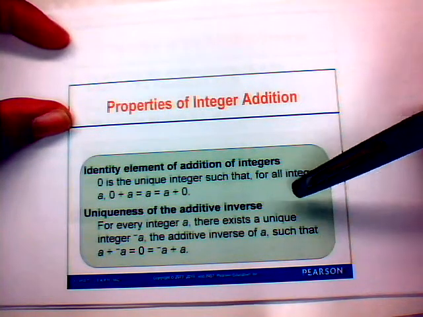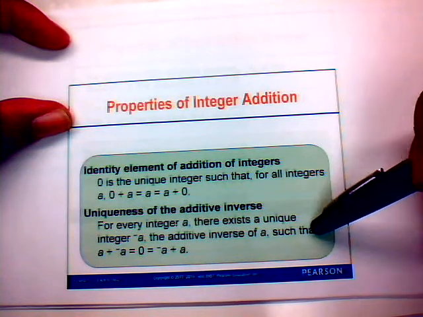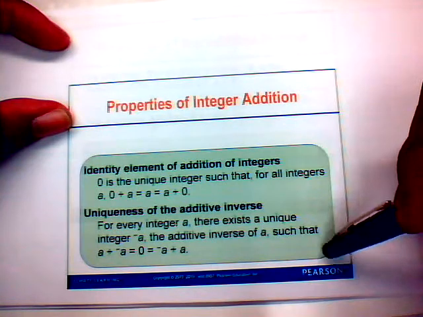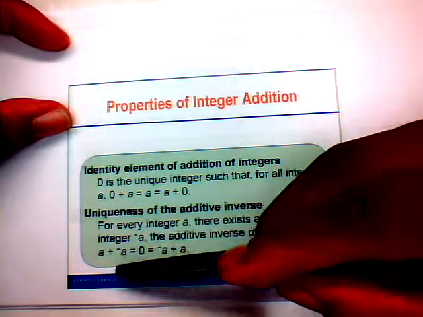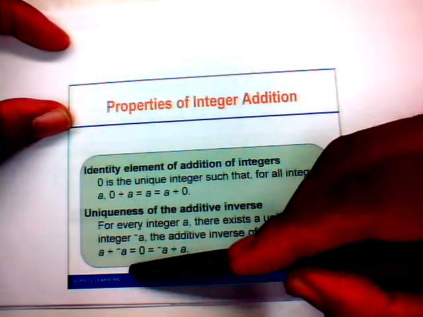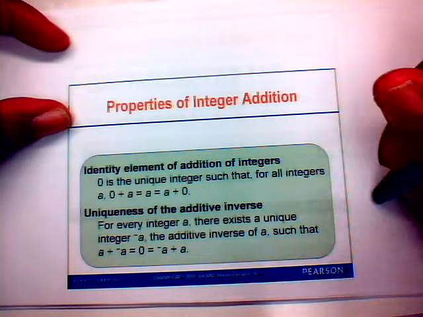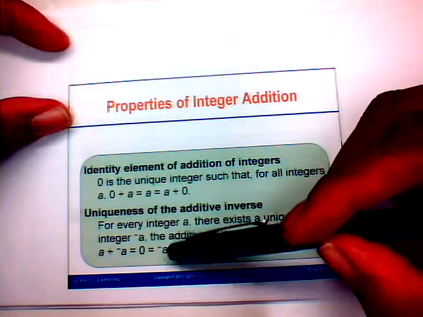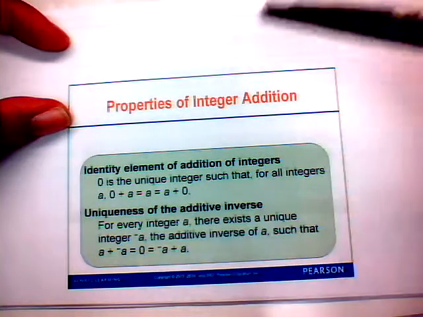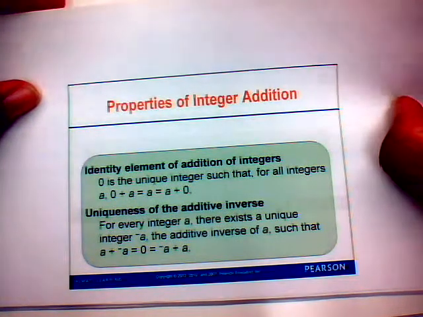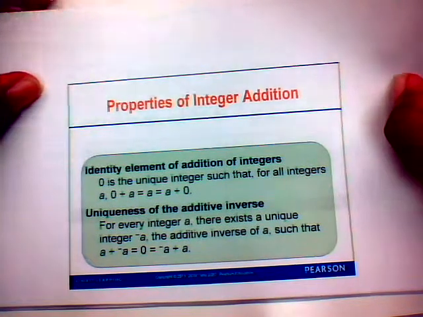In this case, for every integer a, there is a unique integer, which is the opposite of a, or the additive inverse of a, such that a plus its opposite, or its additive inverse, would give you 0. Or negative a plus the opposite of that, which is a, will also give you 0. That's what we call the additive inverse.